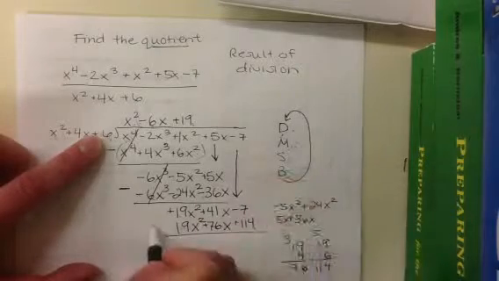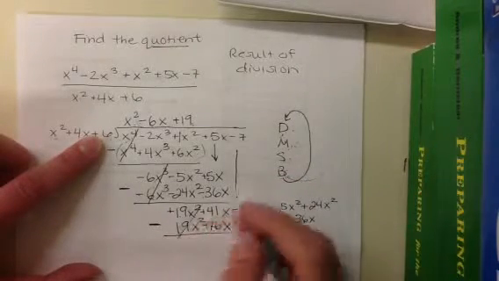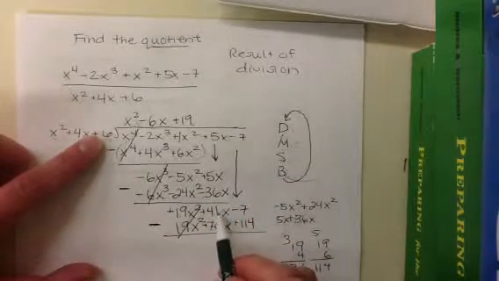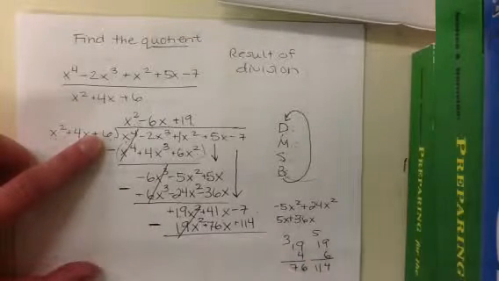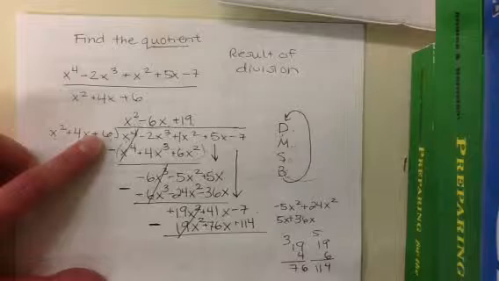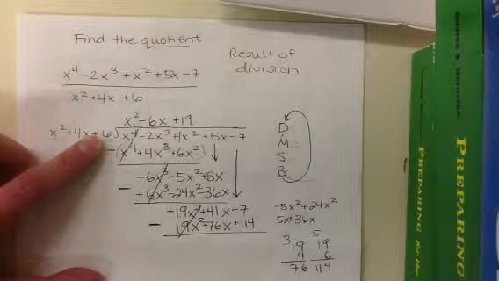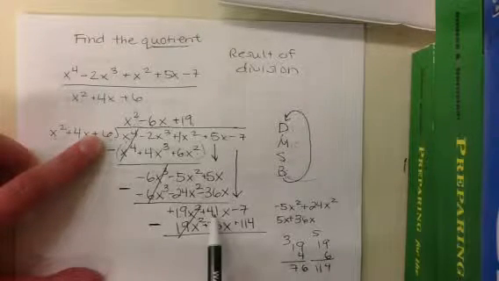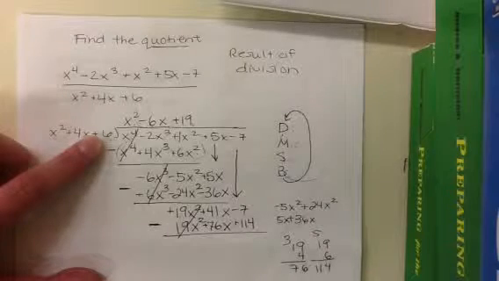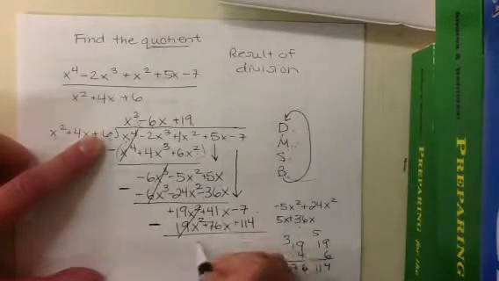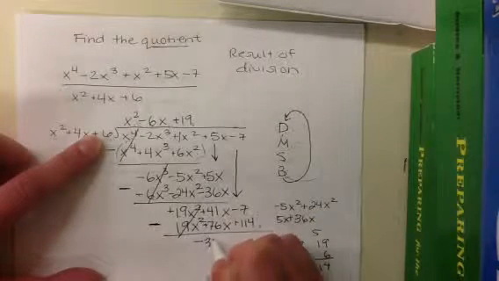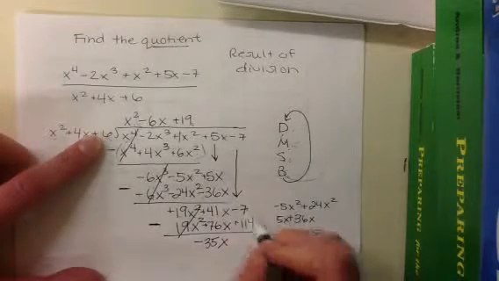I'm going to subtract. 19x squared, these guys cancel. 41x minus 76x will be negative 35x.